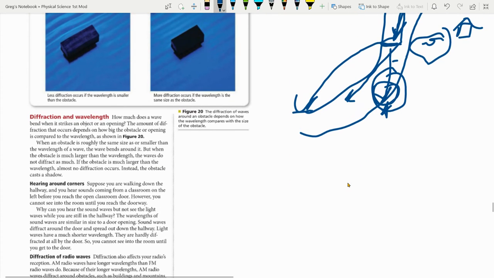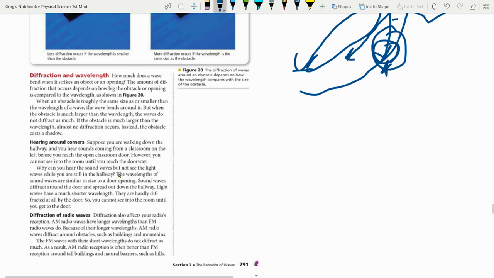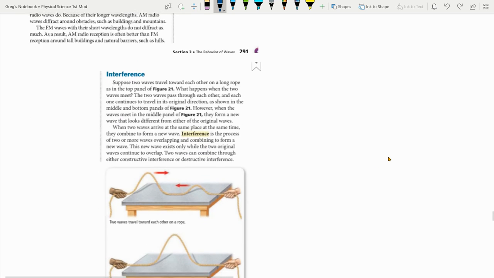So diffraction is bending of the waves, okay? And it can be all kinds of waves: water waves, sound waves, light waves. Here's hearing around corners. Here's diffraction of radio waves. Make sure you're reading this because they all work about the same way. It's just different types of waves.